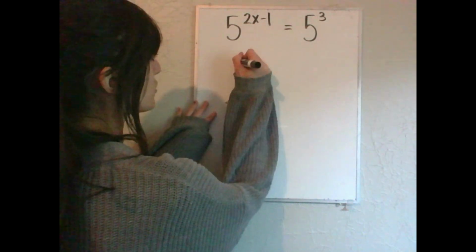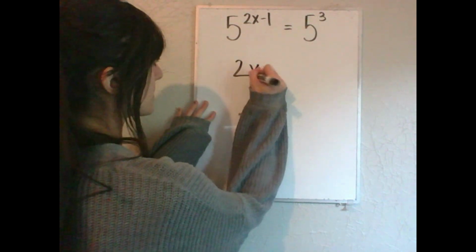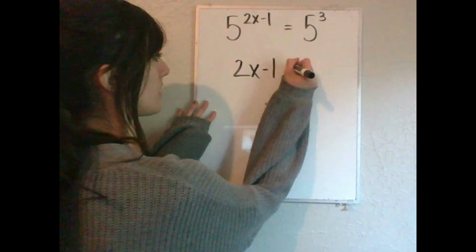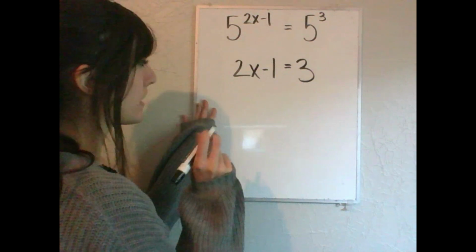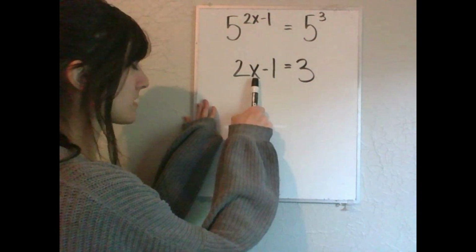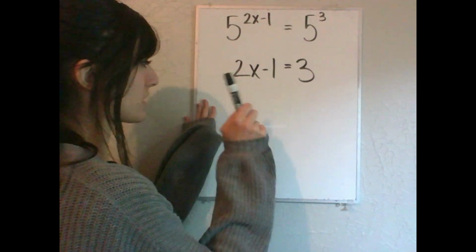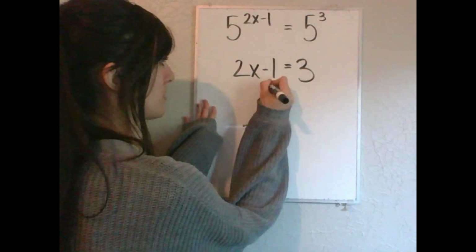So that gives me 2x minus 1 equals 3. Okay, now I want to solve for x. So my first step would be to add 1 to both sides.